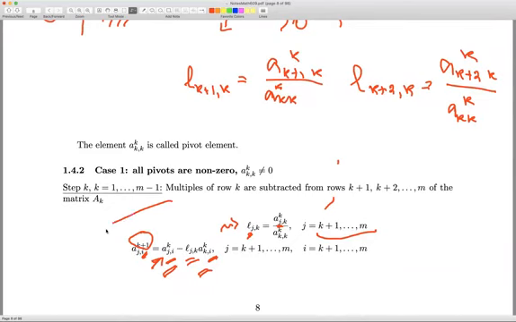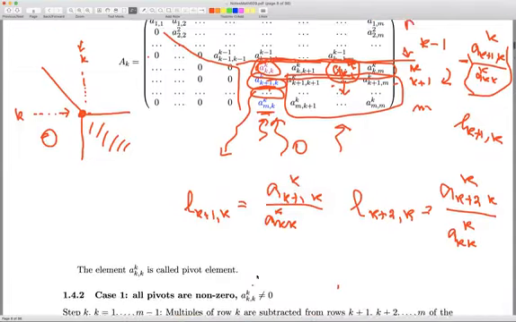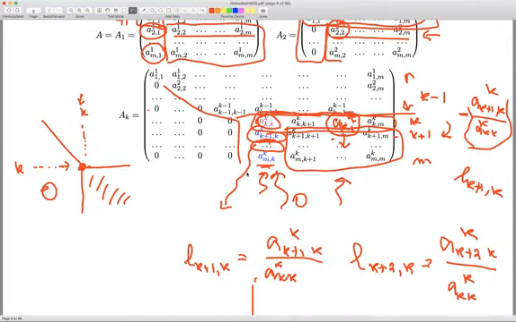So this is the main algorithm, or the main rules, by which we perform Gauss elimination at step k, for k from 1 to m minus 1. The idea is to make all the blue terms at step k to be 0.